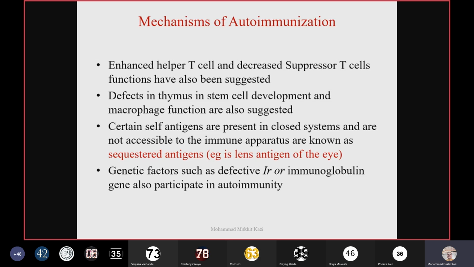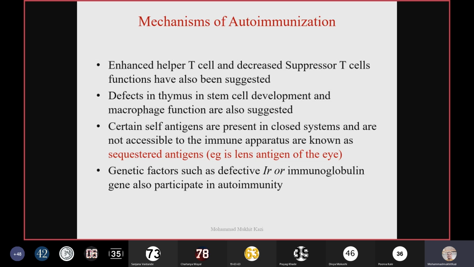Continuing with the mechanisms of autoimmunization, it can also be seen as enhanced helper T cell and decreased suppressor T cell functioning. Usually, helper T cells and suppressor T cells work hand in hand.